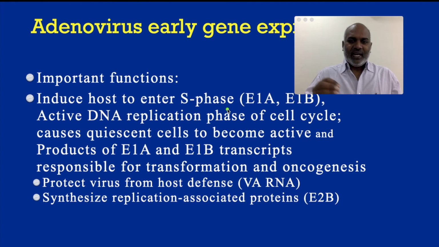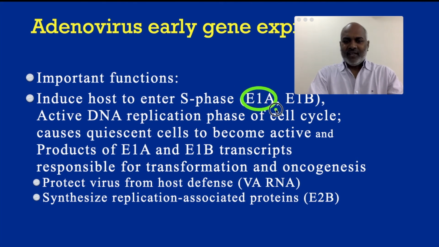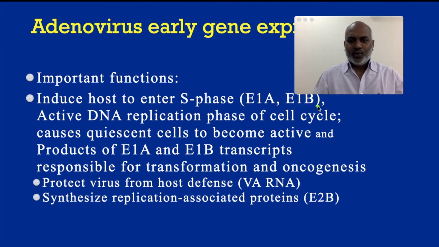E1A and E1B try to bind to the retinoblastoma protein and also the P53 protein. Retinoblastoma protein, the RB protein, and P53 protein are involved in the regulation of the cell cycle. But E1A and E1B try to bind to those two proteins.